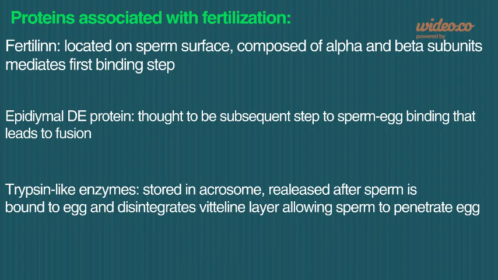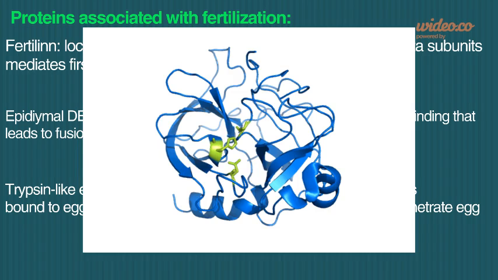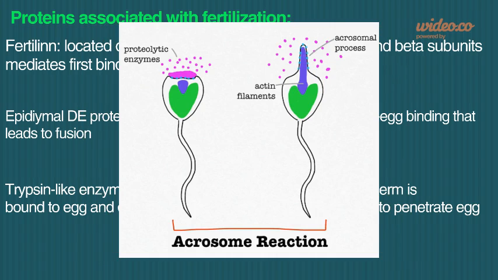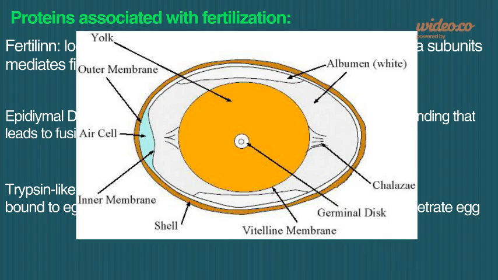Secondly, there is the epidermal DE protein, which is thought to be a part of the subsequent step following the sperm-egg binding that leads to fusion. However, not much is known other than the fact that there is no disintegrin domain involved. Lastly, there are trypsin-like enzymes, which are stored in the acrosome, and they are released after the sperm binds to the egg to disintegrate and penetrate the vitelline layer.